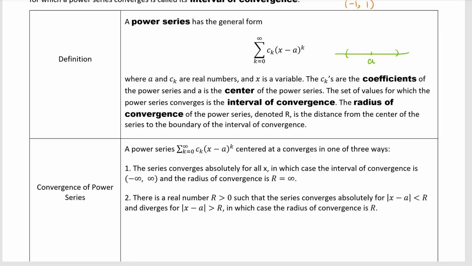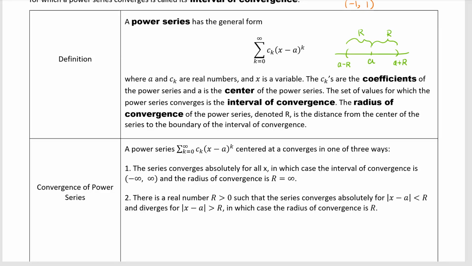The radius of convergence of the power series, denoted by r, is the distance from the center of the series to the boundary of the interval of convergence. Okay, so this is r. Then this number is a minus r. This number is a plus r.